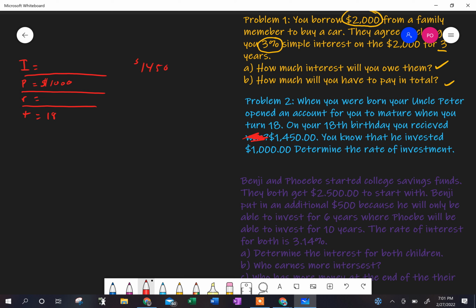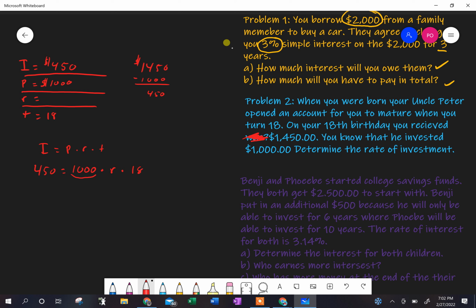Well, that's not the interest. That was the interest with the principal, so it looks like you earned $450 in interest. So if I use interest equals principal times rate times time, I'd say 450 is equal to 1,000 times my rate times my time.